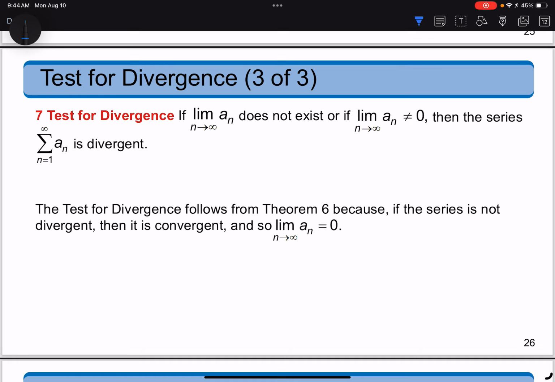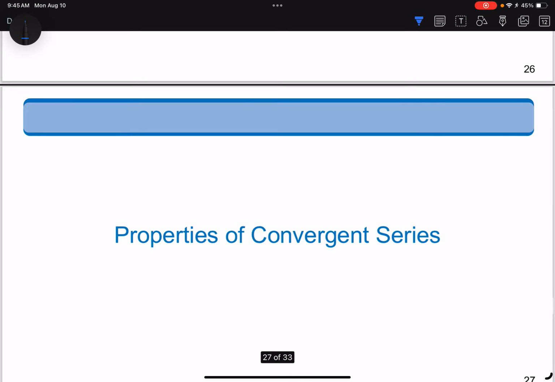So if the last term is not 0, definitely it would not be convergent.